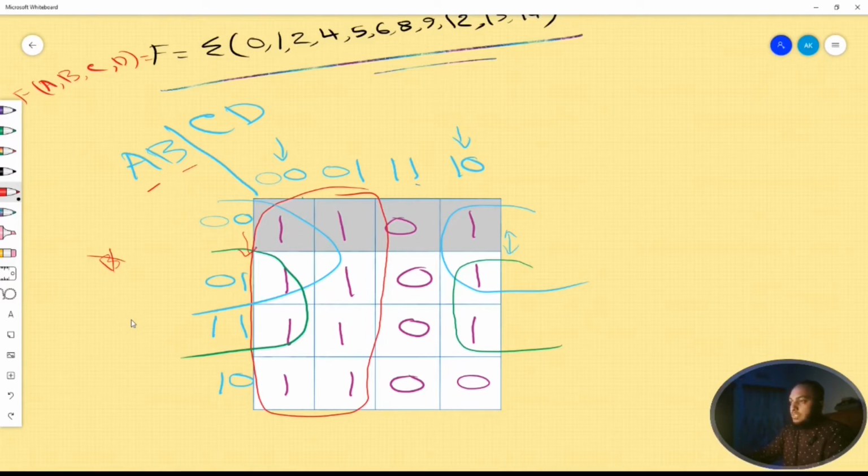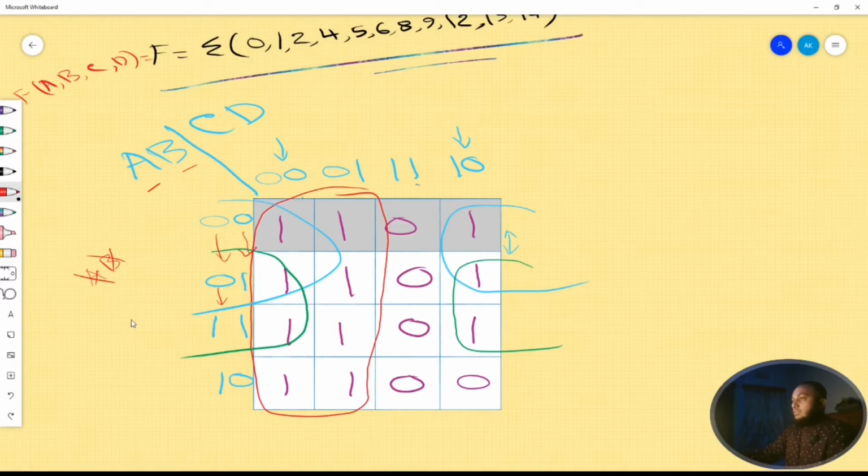For A, we can see A doesn't change from first state to second state, but it changes from 0 to 1, from second state to third state, and as A has changed from second state to third state, so we can't take A. If any input changes at least once, we can't take that input in the group's expression. So we can't take A or B for the red group.